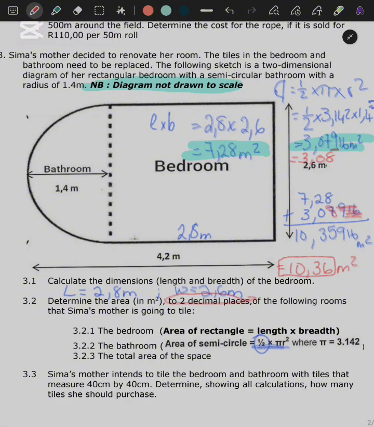So I'm going to convert first, and that means it's 0,4 meters per tile. And then we know a tile, if it's 40 by 40, that means it's square. So the area is going to be 40 times 40, or 0,4 times 0,4. And that gives me 0,16. So it's 0,16 meters squared per tile.